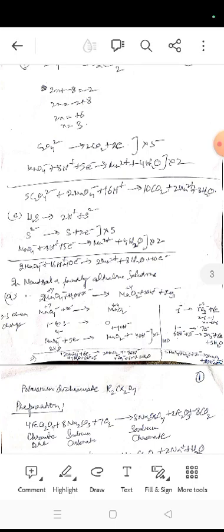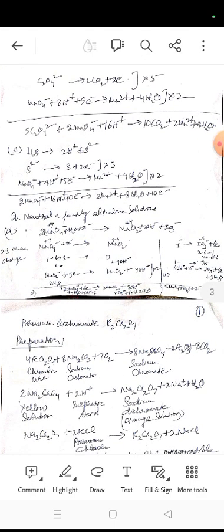Then in neutral or faintly alkaline solution, MnO4- oxidizes iodide to MnO2. So in acidic it is Mn2+, and in alkaline it will be MnO2. From plus 7 to plus 4 it is 3 electrons. Here, and iodide to iodate ion.